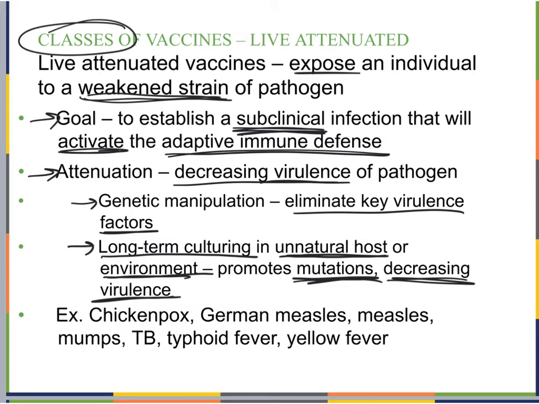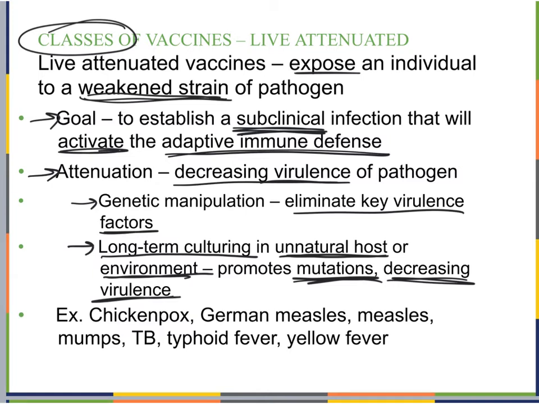Because we're growing it up for so long and somewhere it's not super happy, those mutations can be mutations to their virulence factors, for example, because they might want to mutate or change their virulence factors, one, on accident, or two, in response to the fact that whatever they're doing isn't working. And then this can decrease the virulence, because when we put it in an actual person, it's not going to respond the same way that it used to.